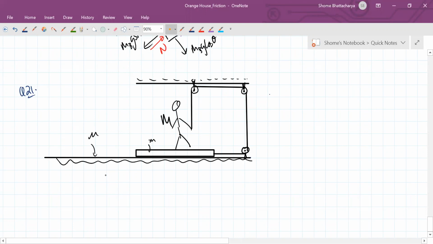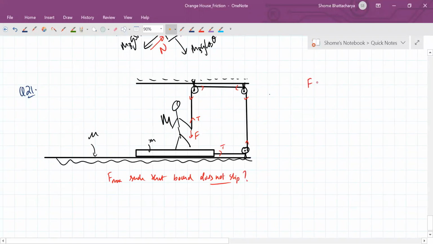So find the maximum force that the man can apply on the rope. So the man is applying a force F on the rope. That becomes equal to the tension in the rope. So F max such that the board does not slip. This you have to find.